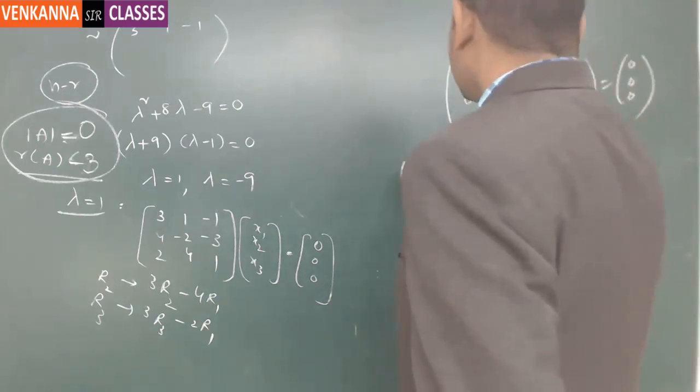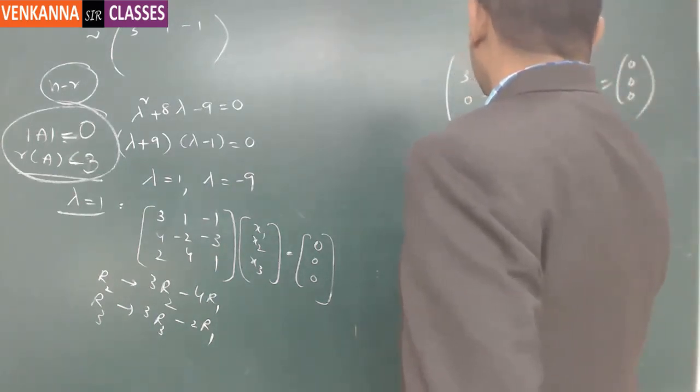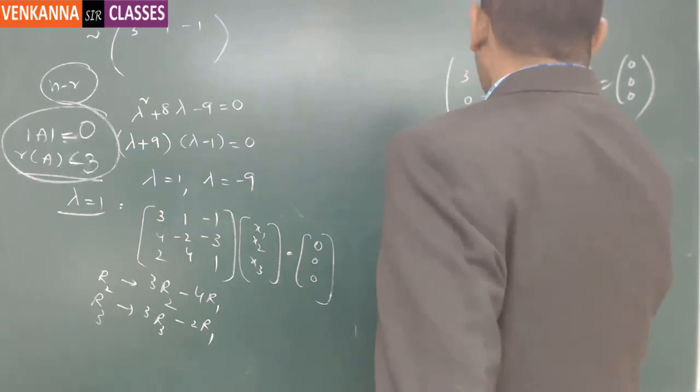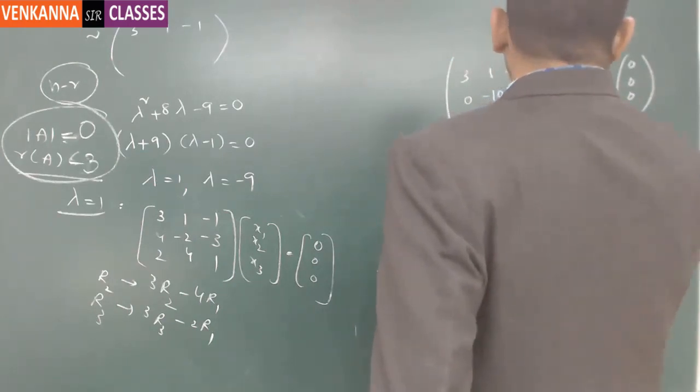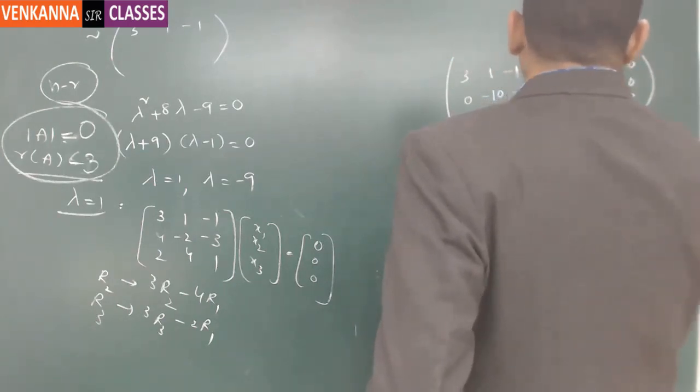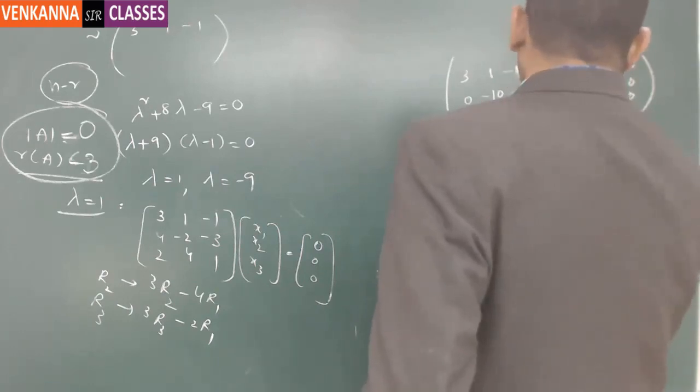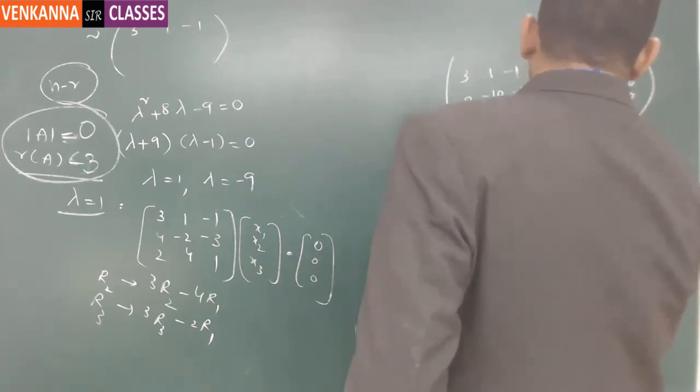Now we apply the operation R3 tends to R3 plus R2, and R2 tends to minus 1 by 5 R2. So it will be equivalent to 3, 1, minus 1, 0, 2, 1, 0, 0, 0.